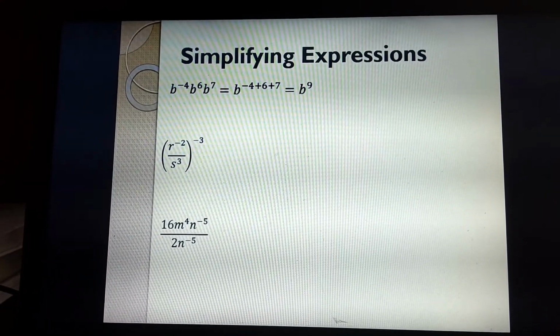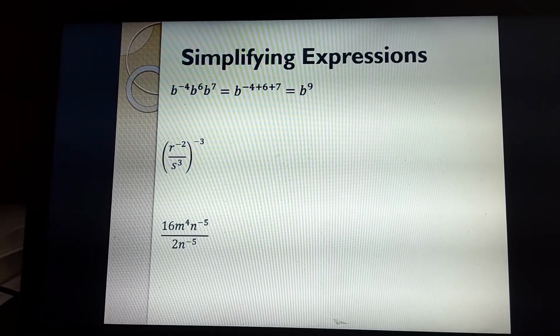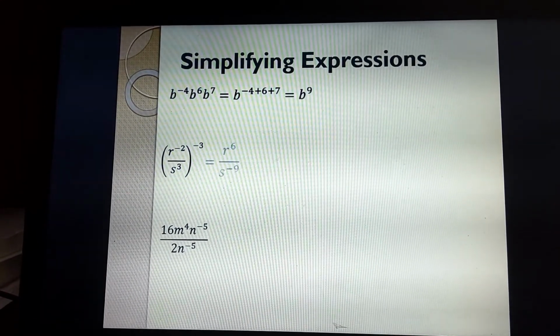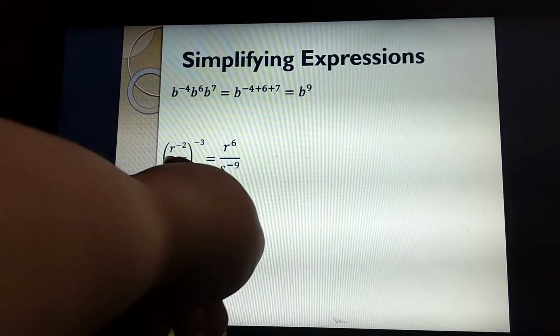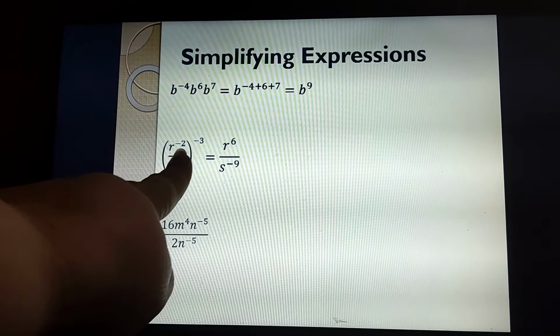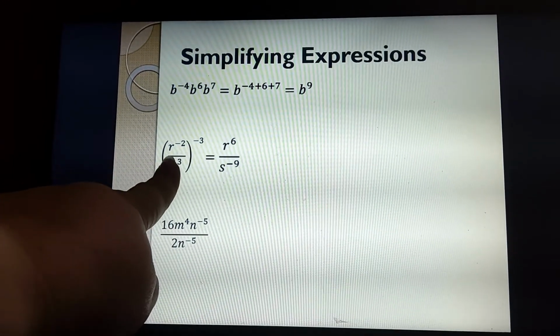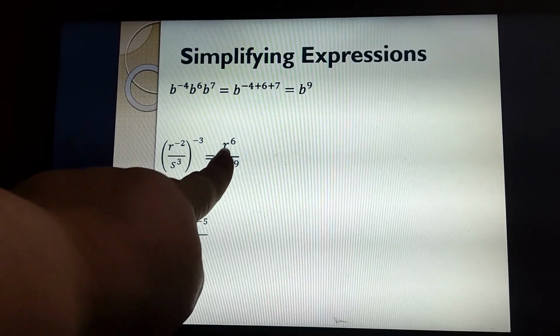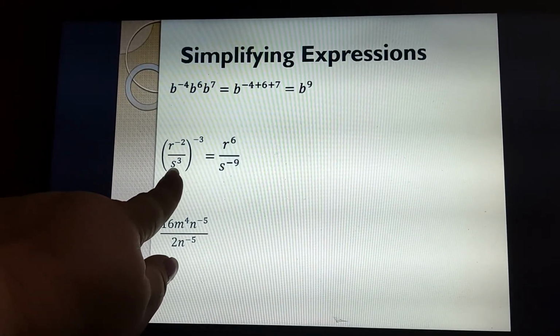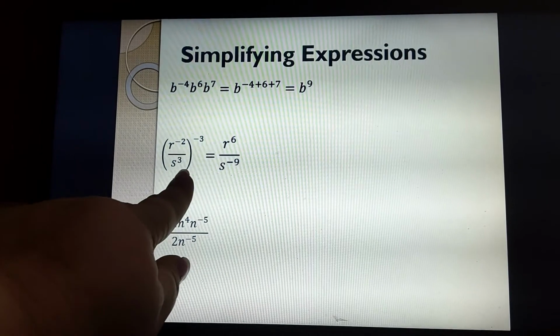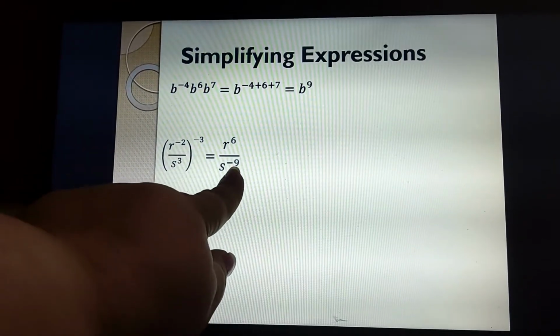Outside the parentheses, there's only one exponent, so that means I'm going to distribute it. In order to distribute it to the top, when I've got one base and 2 exponents, it means keep the base and multiply the exponents. So it becomes r to the 6th. On the bottom, I get the same thing. s to the 3rd to the -3rd. So 3 times -3 is -9.